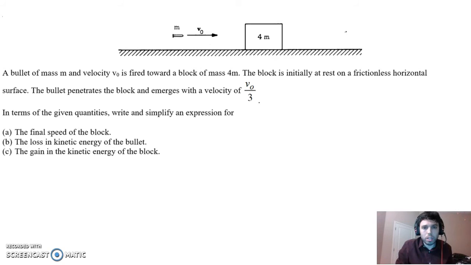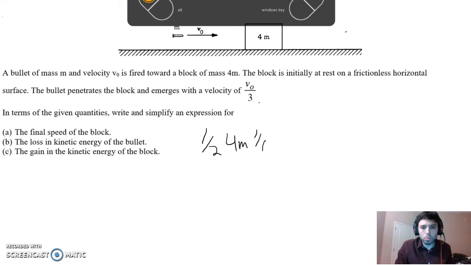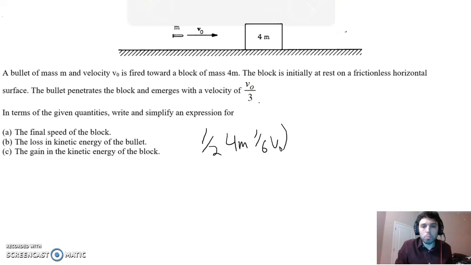All right, well, at the end of the problem, we're going to have 1/2 times 4m, right? Because the mass of the block is 4 times the mass of the bullet, so 4m, times v squared. And we said that the velocity of the block was going to be v naught over 6, or 1/6 v naught, and that's being squared, right?